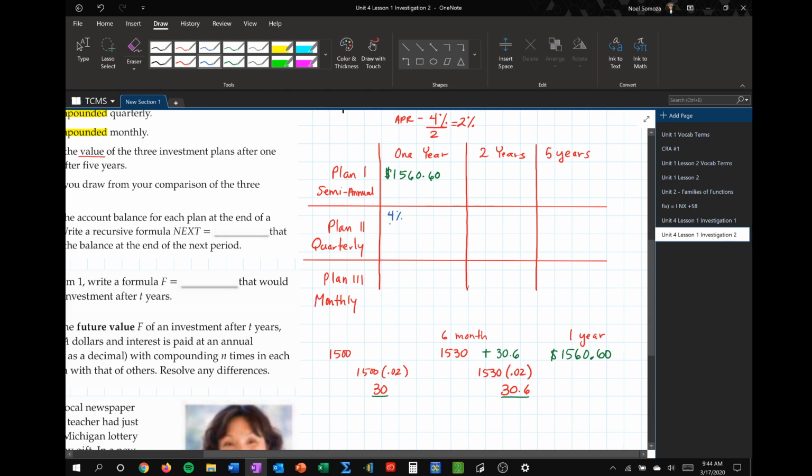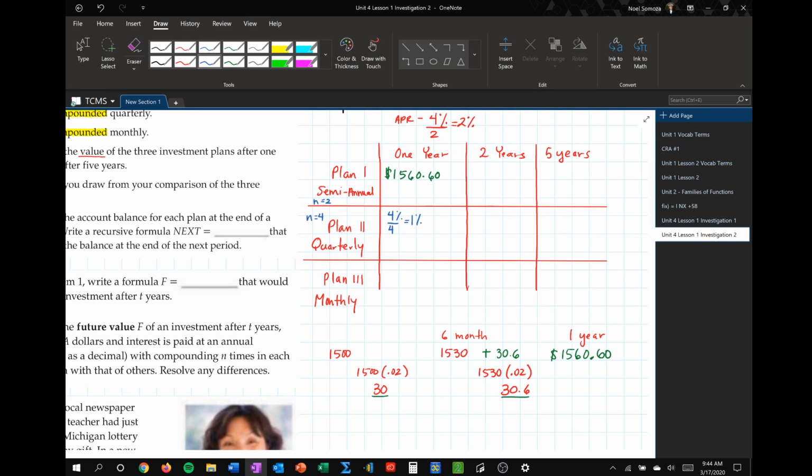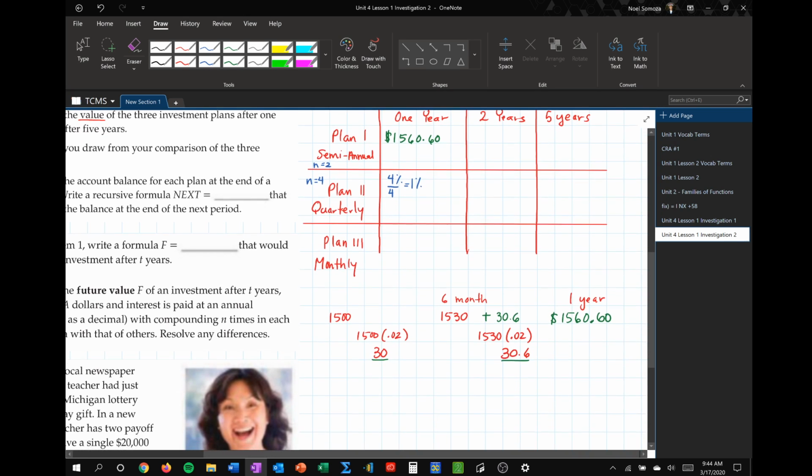Because in this case the end value is 4, just like in semi-annual the end value was 2, you're going to take this and break that up into 4. So really it's just a 1% gain every quarter of the year. Okay, so now I have to have a new timeline.